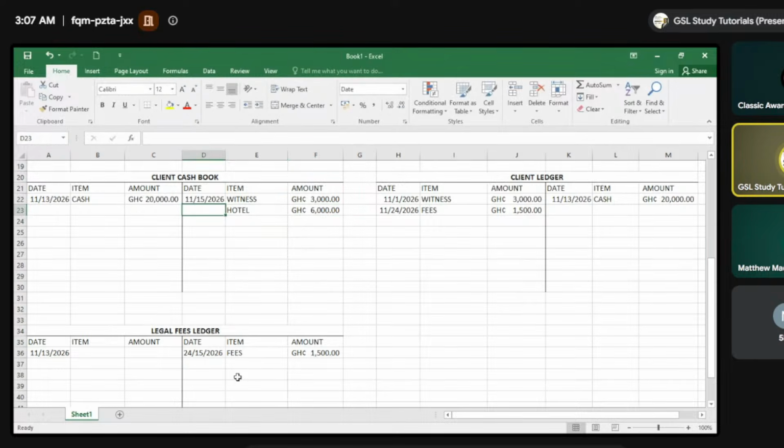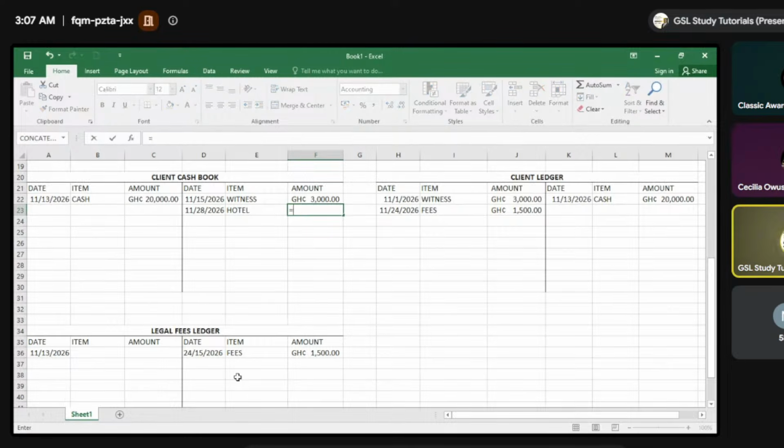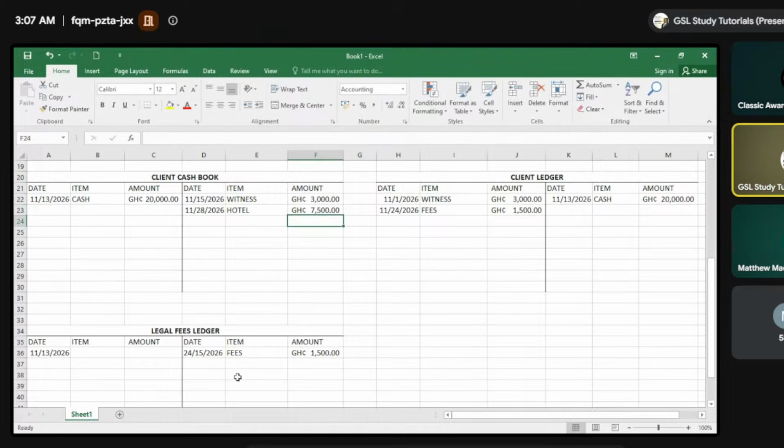The date is... they use a 3-day period. It's 2,500 per day for accommodation, so is it 3 days? Yes, 3 days.